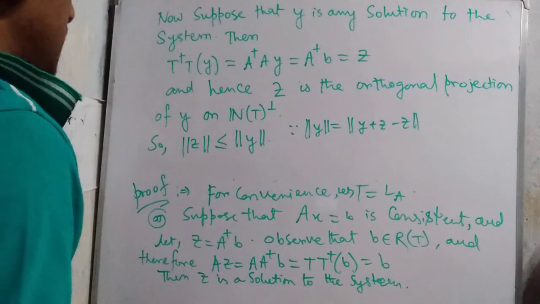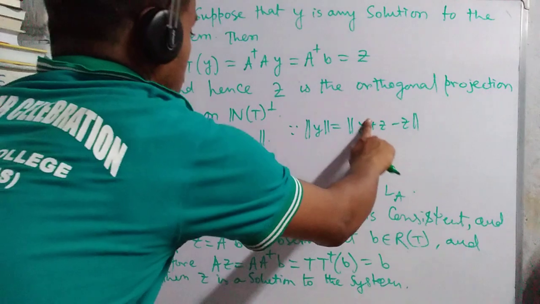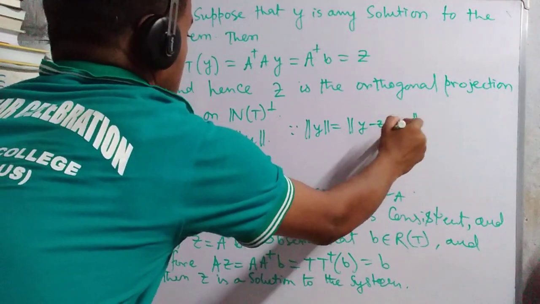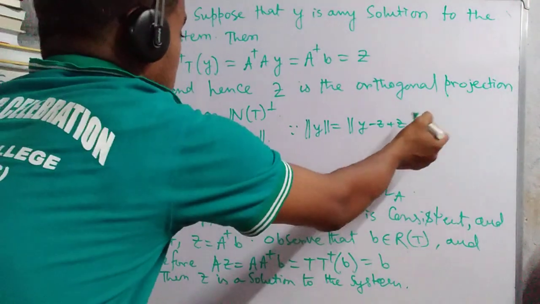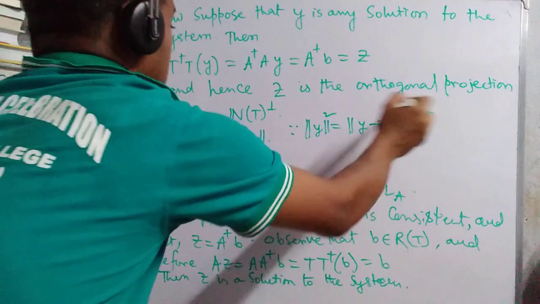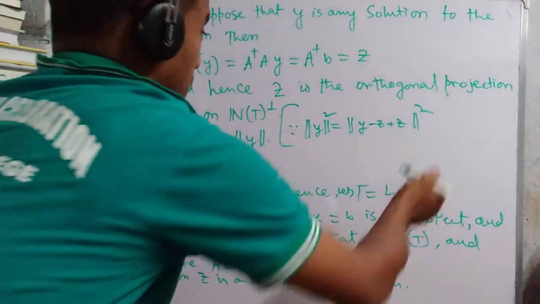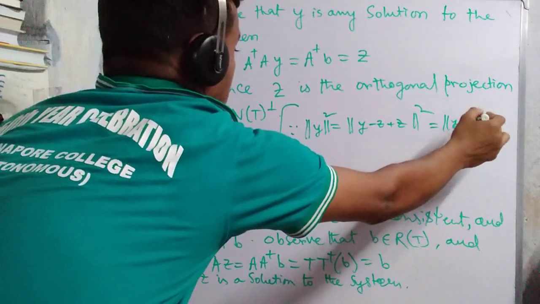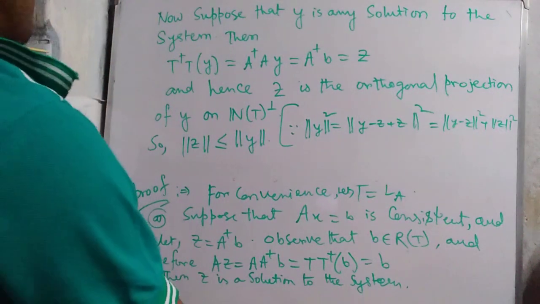Y plus z, that means we write it in this way, y difference z plus z. Okay. Then this one equal to what? This square equal to this square, and then this one equal to norm y difference z square plus norm of z square. Okay.